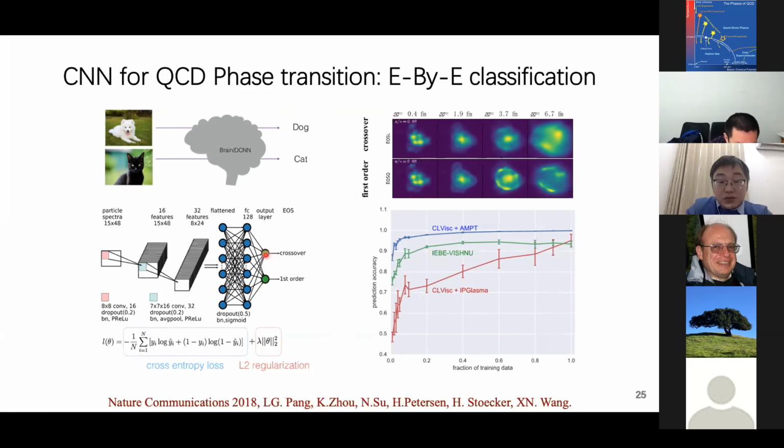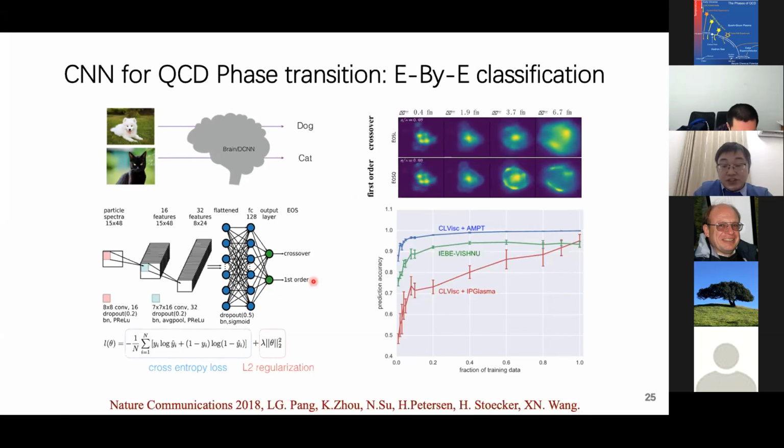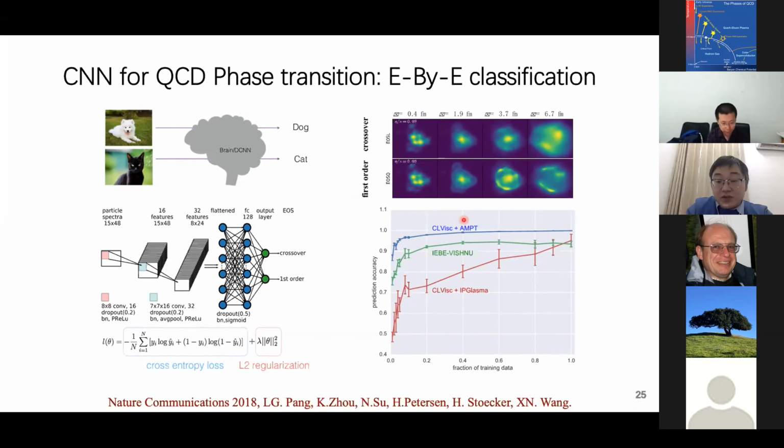The output is two neurons to represent whether it's a crossover or a first order phase transition. We trained the model with data from iEBE-VISHNU plus MC-KLN initial condition and tested on the iEBE-VISHNU and MUSIC plus MP Glasma initial condition. And we get 93% prediction accuracy. So it's quite robust.